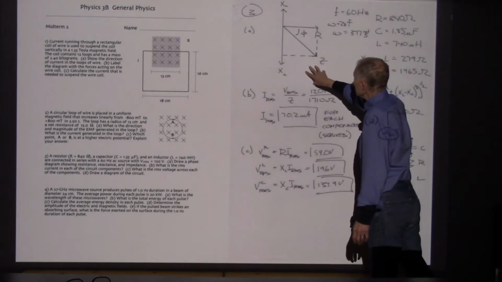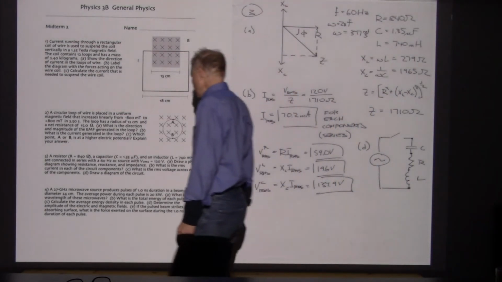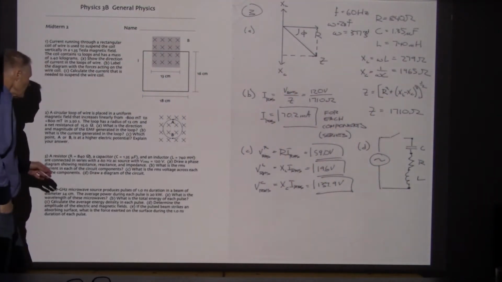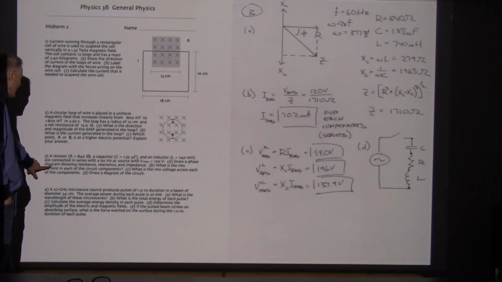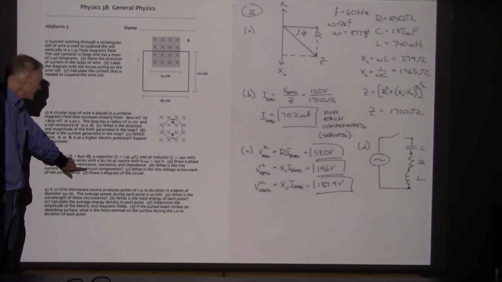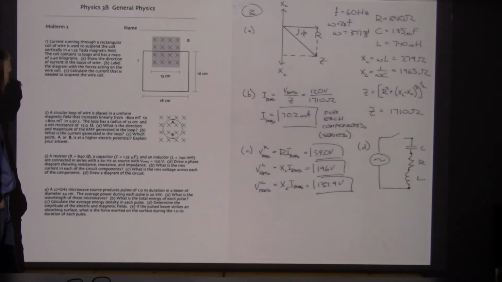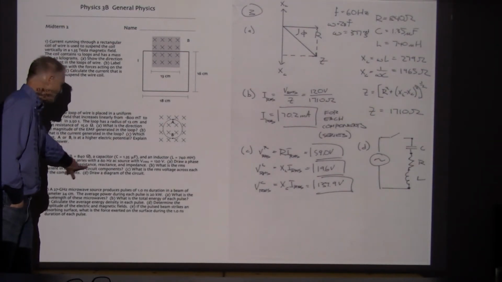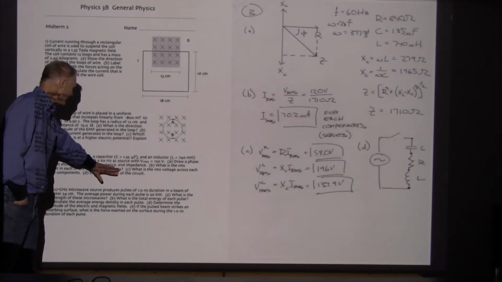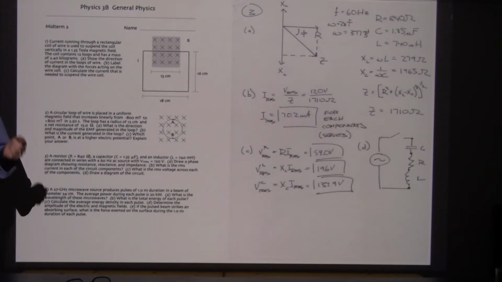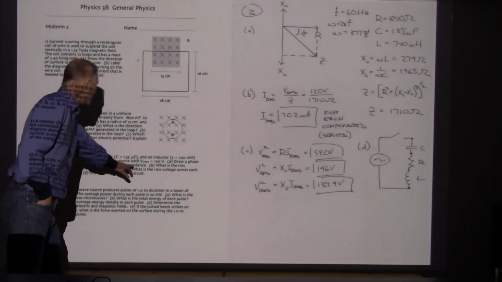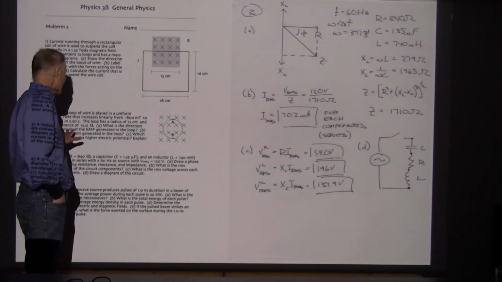Now, the first part of the problem, let's see if that's correct, says draw a phase diagram showing resistance, reactance, and impedance. Resistance, that's the resistor. Reactance, that's the resistance in the capacitor and the inductor. And the impedance is the combination of everything.